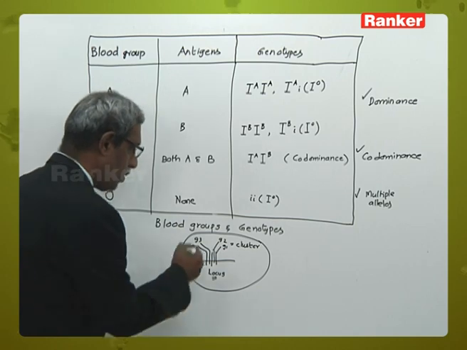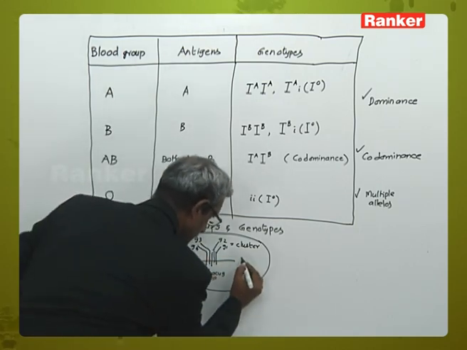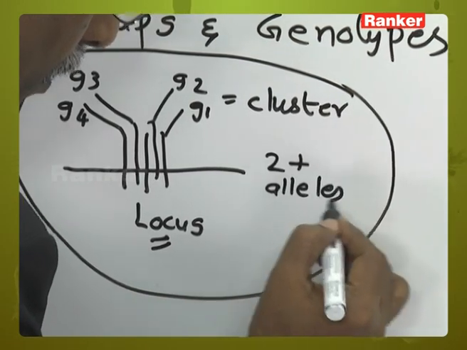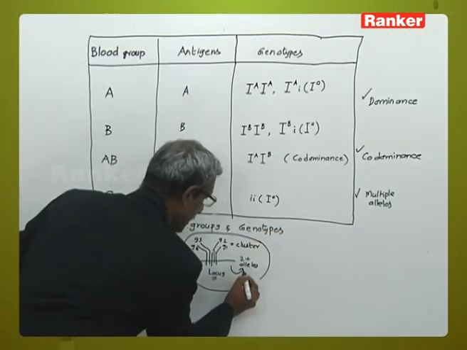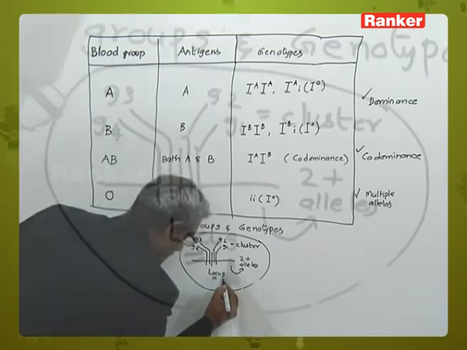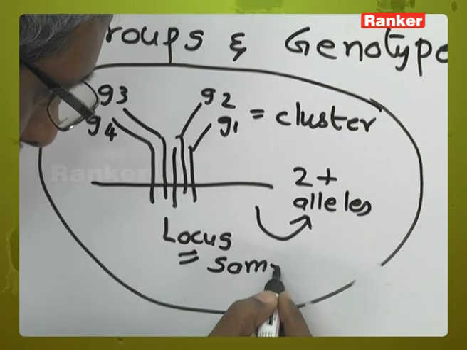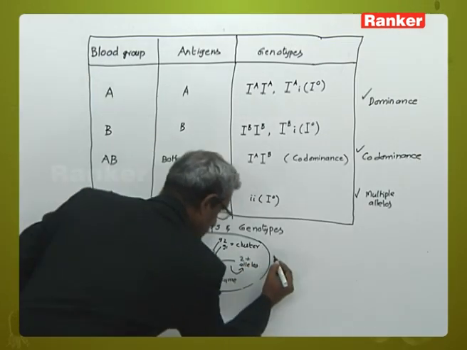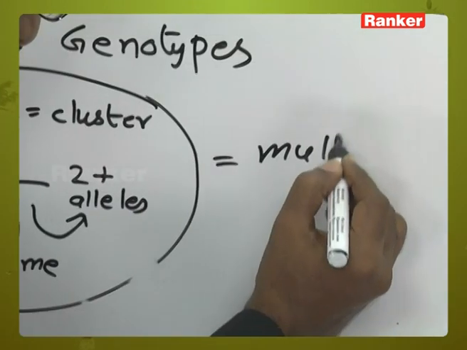And here you have two or more alleles present at the same locus. The locus is the same, but the genes in the alleles are different. So this is termed multiple alleles.